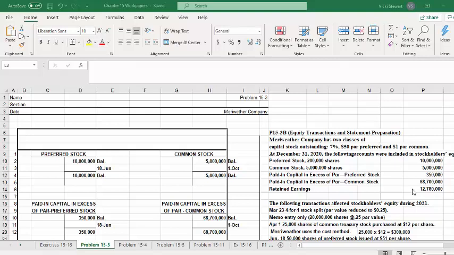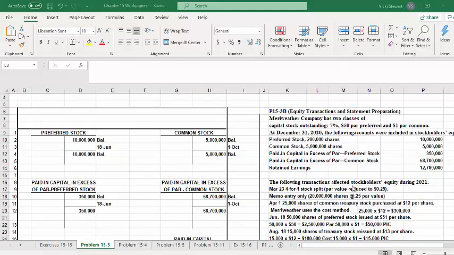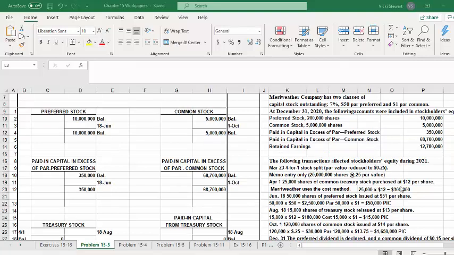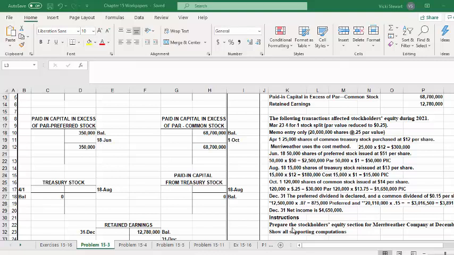It also gives us transactions that affected stockholders' equity during 2021, and the problem states prepare the stockholders' equity section for Meriwether Company at December 31st, 2021.